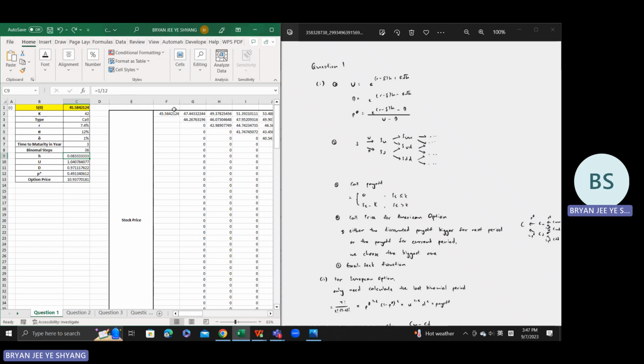So using this formula, look at this. If F2 is equal to 0, so F2 is equal to 0 like this.